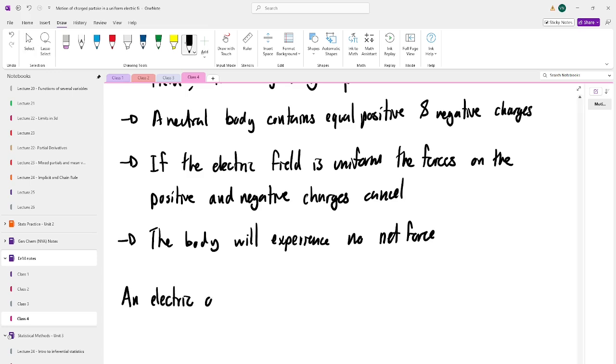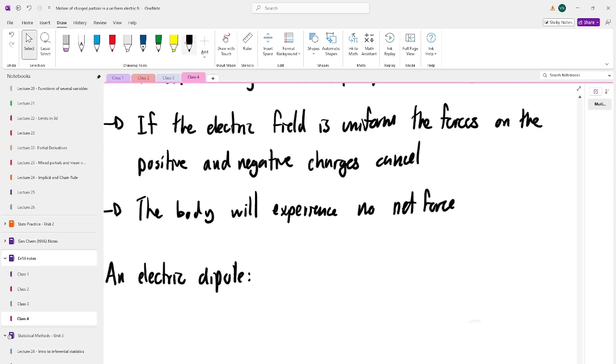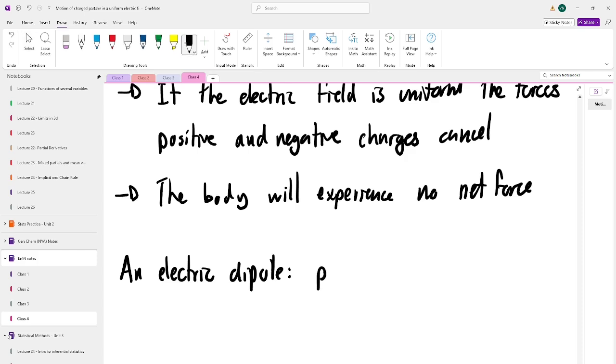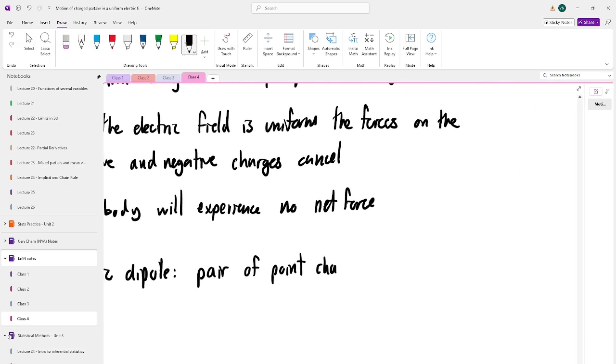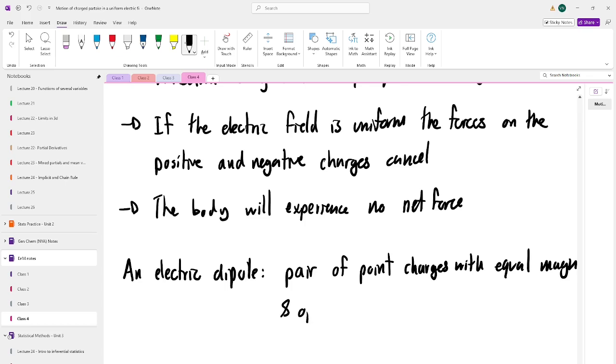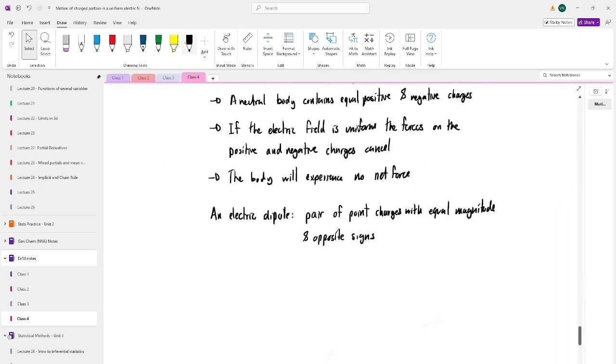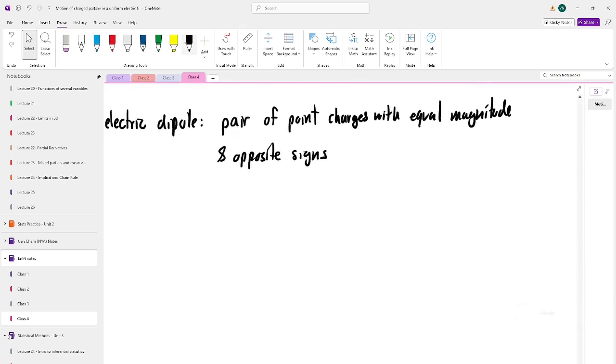An electric dipole is really just a pair of point charges with equal magnitude and opposite signs.